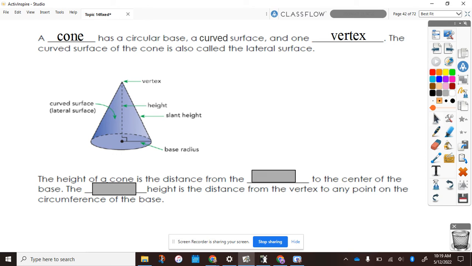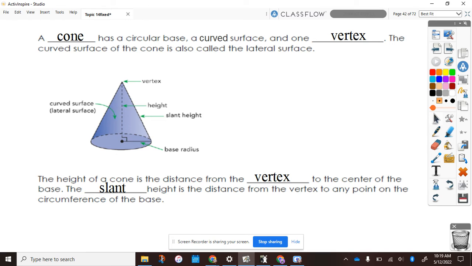Kind of like a cylinder is a circle prism, a cone is a circle pyramid. The height of a cone is going to be the distance from the vertex down to the center of the base, like on a pyramid, and the slant height is going to be the distance from the vertex down the outside of the lateral surface to the base, also just like a pyramid.